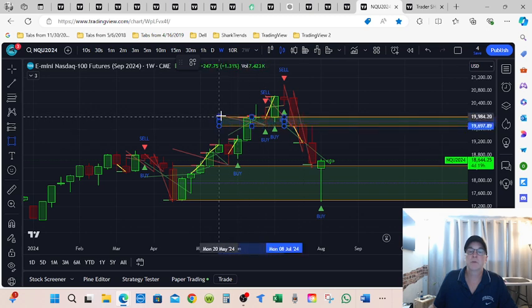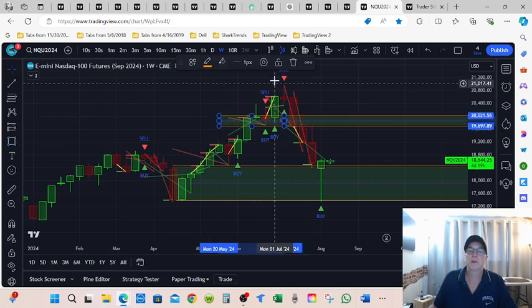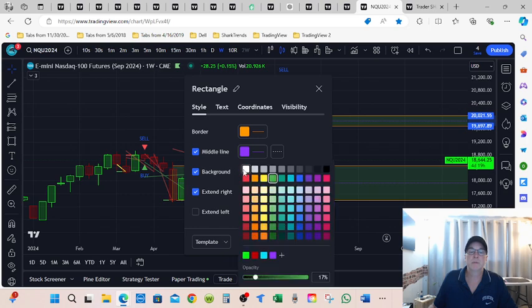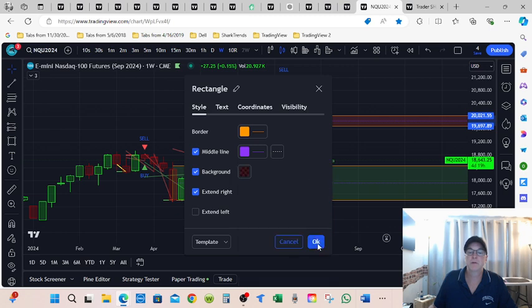So I'm just going to go up to, actually I'm going to go up to that one, okay, and I'm going to make this one red because we are trading below it.